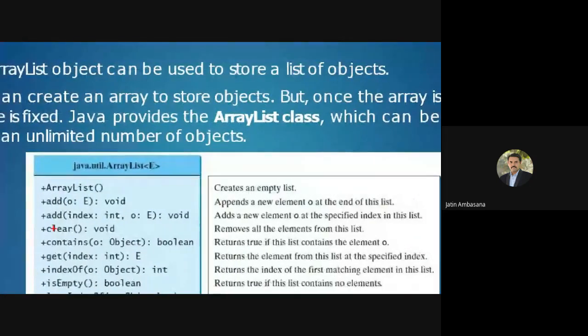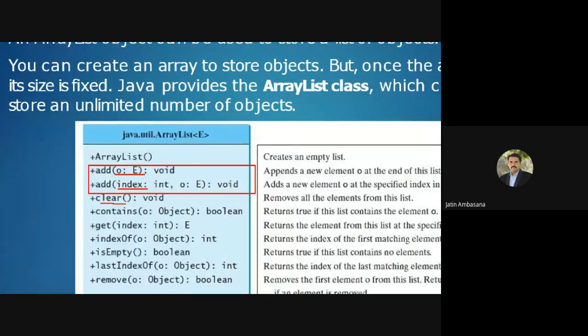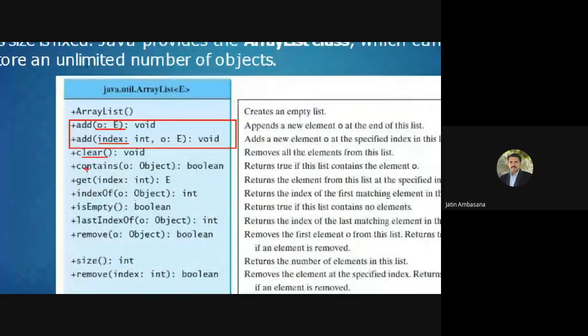There are lots of methods, like adding an object directly or adding an object at an index, clearing the whole list, checking whether the list contains an object or not, getting the object from a particular index, and getting the index of a particular object.